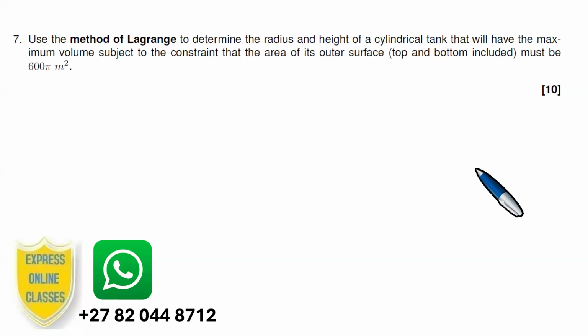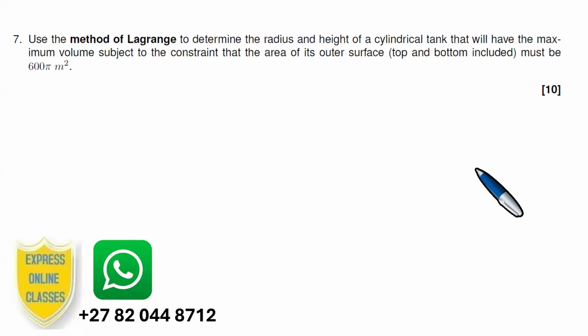So in other words, this is not just a cylindrical tank, but it has a lid, and it is also sealed at the bottom so that you do not have any leaks.